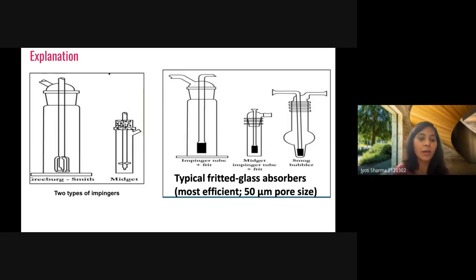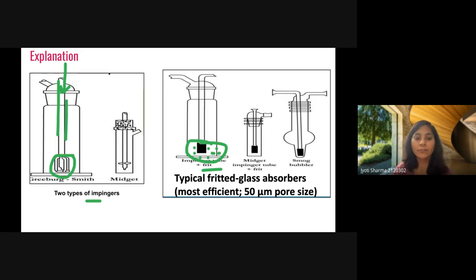I was showing you the impinger with my bad sketch or drawing. Here you can see, if we are talking about the impinger, then this is the tube through which gas can be collected, and this will give you more strike of gas into your liquid, right? And if we have a frit, this is a very porous disk, and that porous disk will create bubbles and again more absorption.